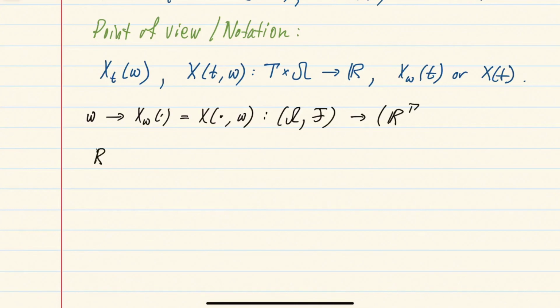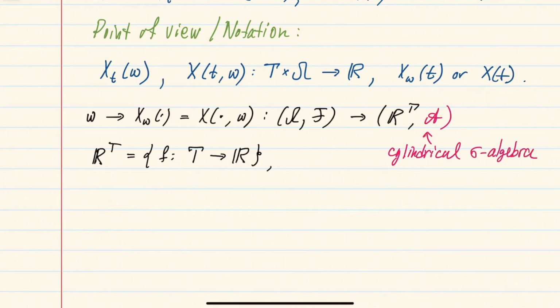As usual, R^T is just the collection of all real-valued functions on T. And if we want to view this map as a random element, so we want it to be a measurable map, then we can consider a sigma algebra on the space of all functions, which we have already seen in chapter 1 when we discussed Kolmogorov's consistency theorem. We can consider what we call the cylindrical sigma algebra on this space.